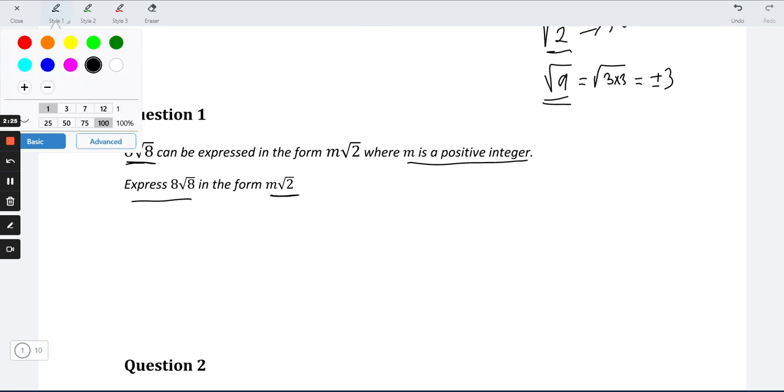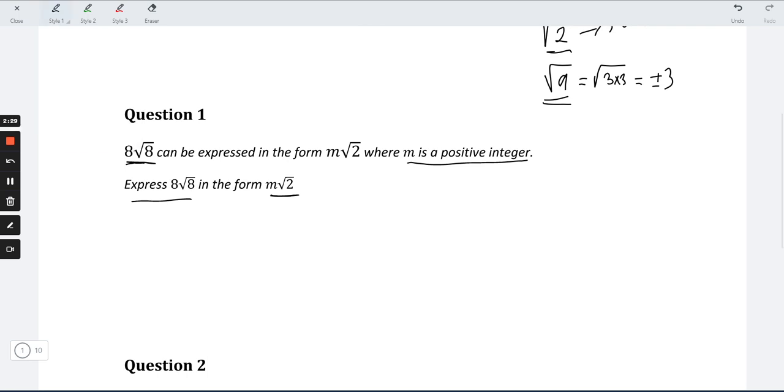So here we have 8 times square root 8, and 8 here means 4 times 2. Two factors, if you multiply them, you will get 8. 1 times 8 will not help us, so we will use factors 4 and 2.